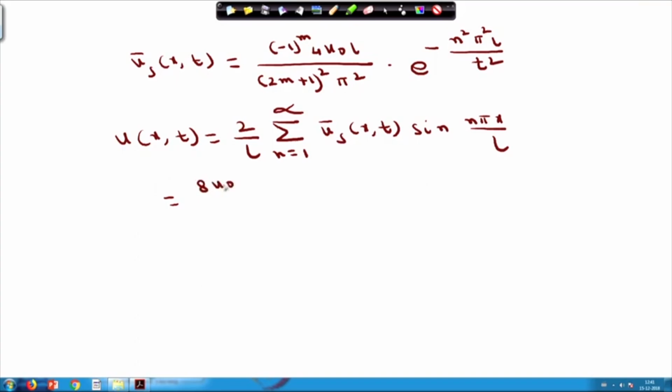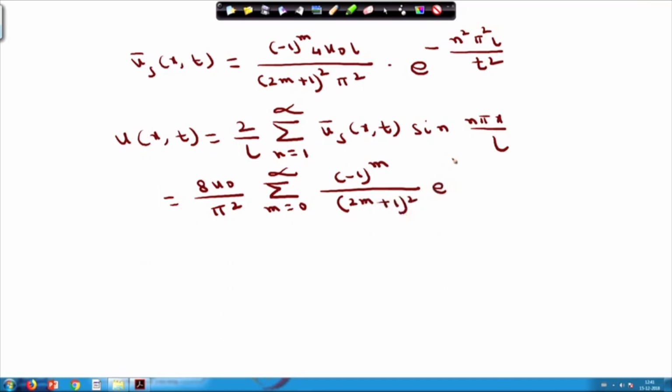So, 8 u 0 by pi square, I am bringing it outside, summation over m equals 0 to infinity, I can make it minus 1 whole to the power m, 2m plus 1 whole square, e power minus n square pi square t by L square.